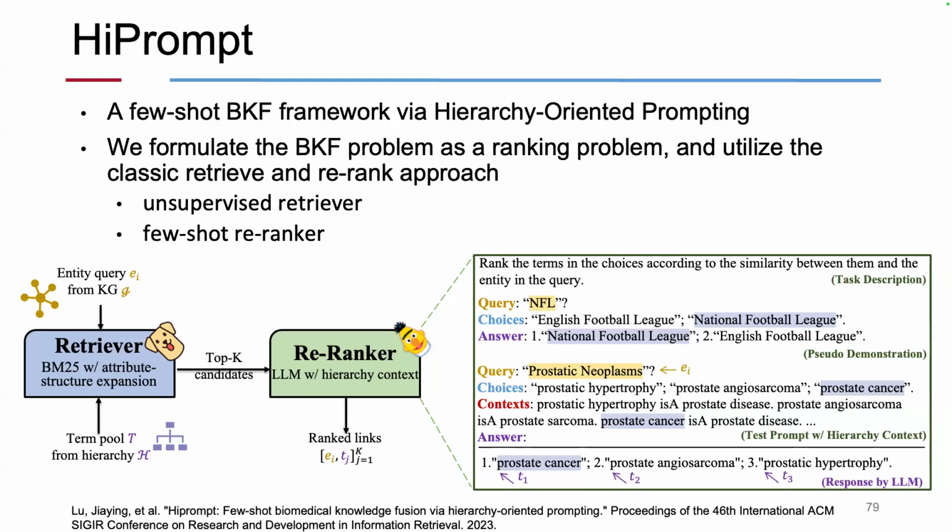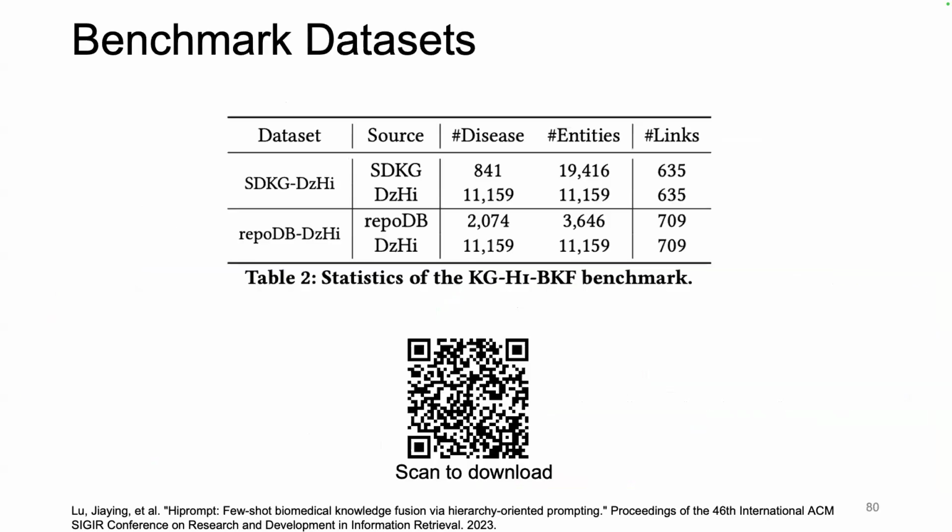At that time, we used information retrieval methods like BM25 or other classic IR methods for the first step. In the re-ranking, we formulate the candidate entities in natural language, and then we ask the language model which one would be the closest to my query.